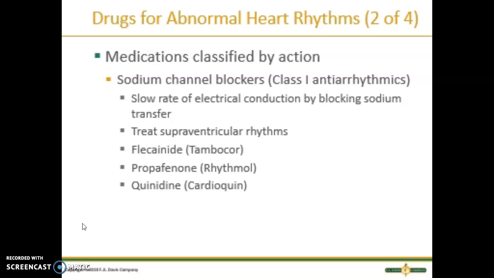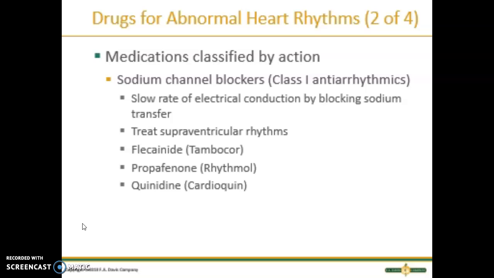Sodium channel blockers treat supraventricular rhythms by slowing the rate of electrical conduction and by inhibiting sodium. Beta adrenergic blockers slow electrical conduction in the heart and decrease oxygen demands for the heart by decreasing the fight or flight response.